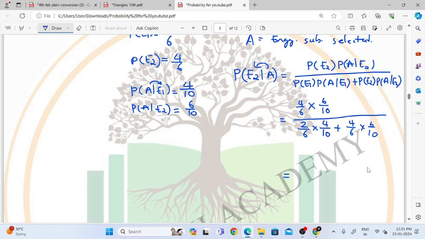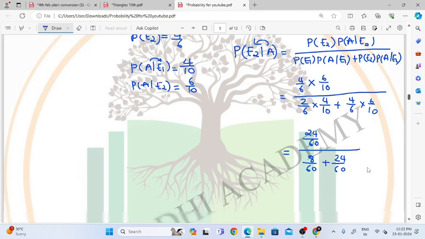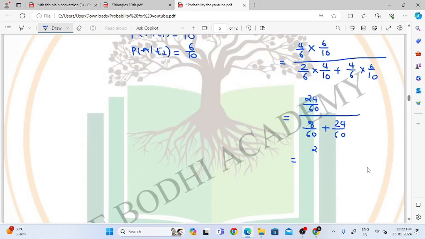So in the numerator, this will be 24 upon 60, divided by 8 upon 60 plus 24 upon 60. Here the denominator is equal, so just add: 24 upon 60 divided by 24 plus 8, that will become 32 upon 60.